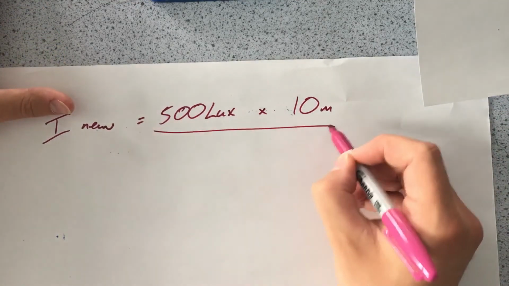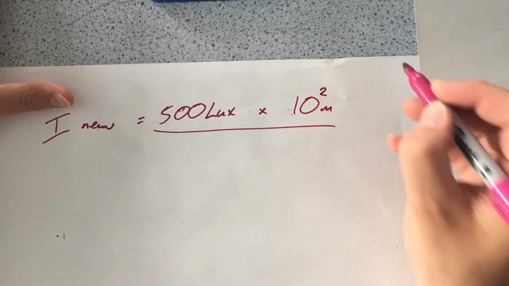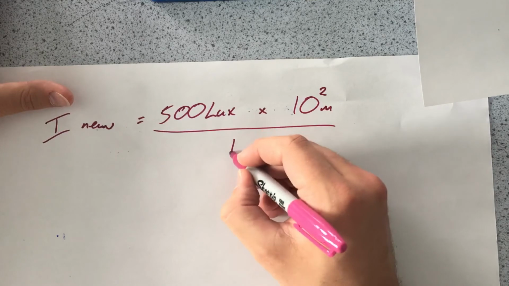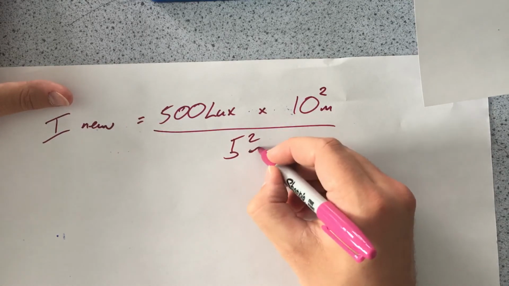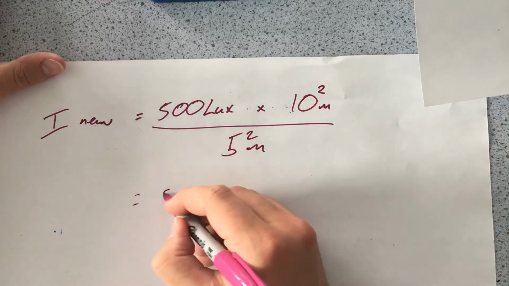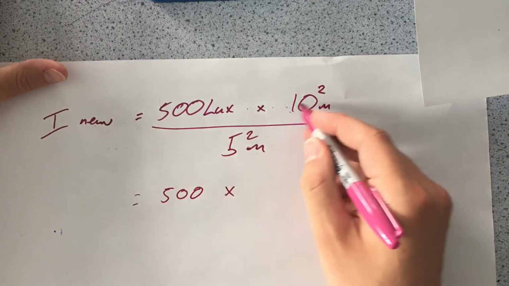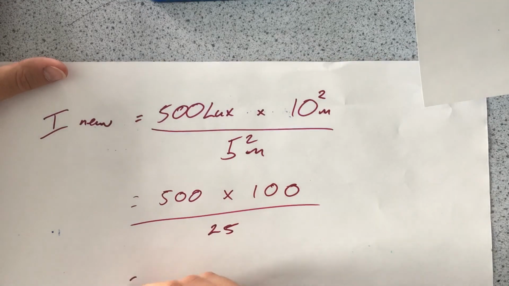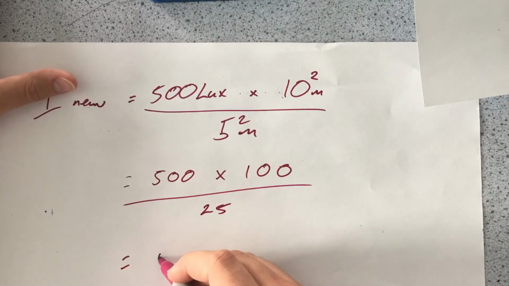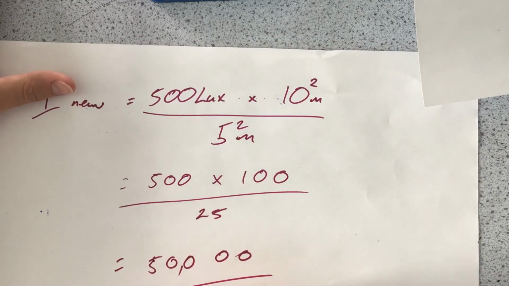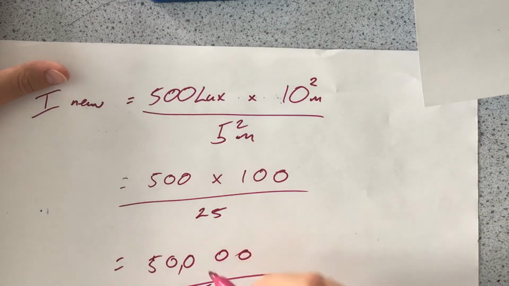I want to see what the new light intensity is going to be if I bring it 5 meters closer. So I just do my maths. I've got 500 times 10 squared divided by 25, and it's 50,000 divided by 25, and I'm sure I could do that in my head.